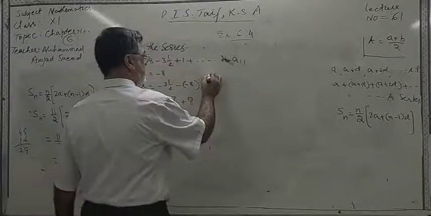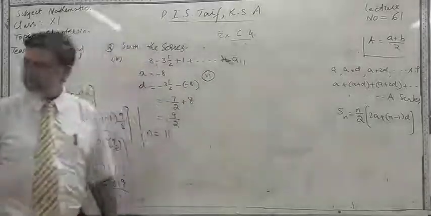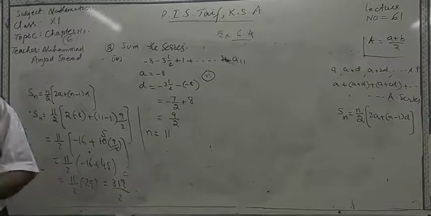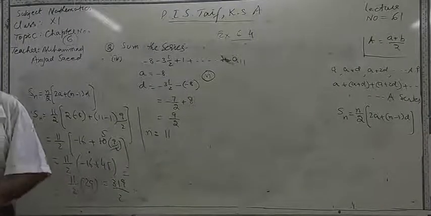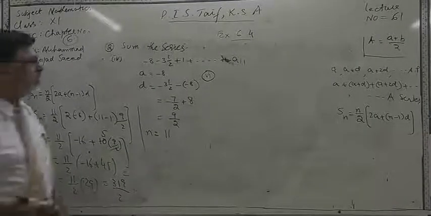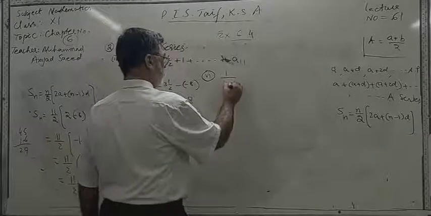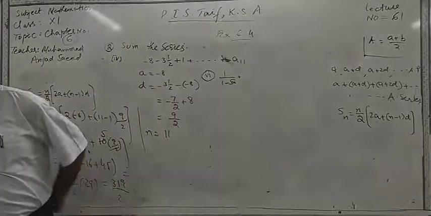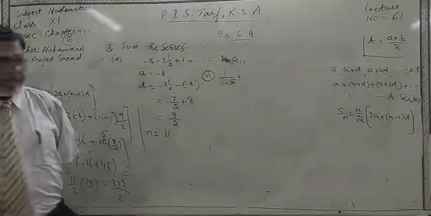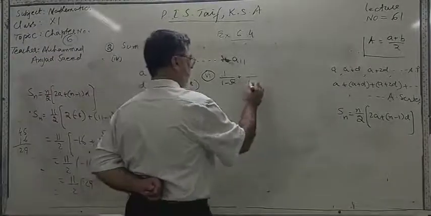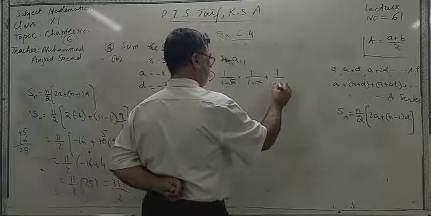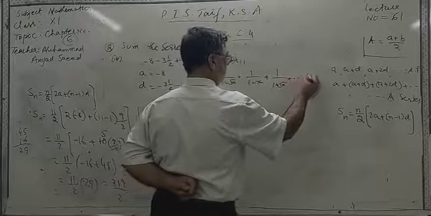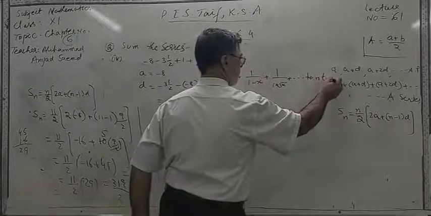What is part number 6? Part number 6 is 1 over root of 1 minus x, plus 1 over root of 1 minus x, plus 1 over root of 1 plus x, plus so on to n terms.